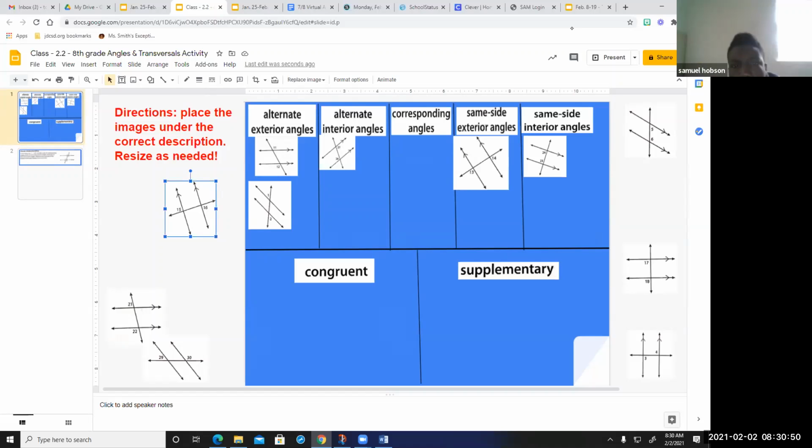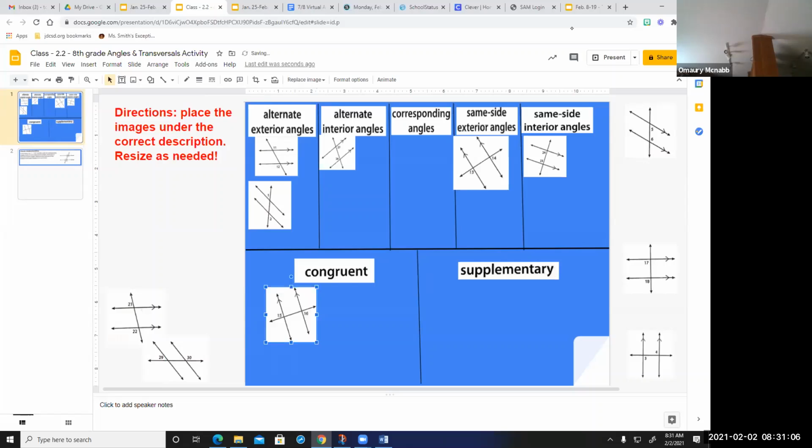Something else. Start with a C. Congruent. Yes. Alternate exterior angles are always congruent. So just make sure we understand it can be congruent as well.